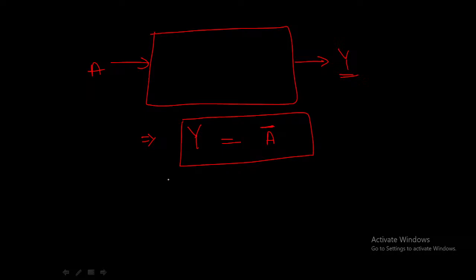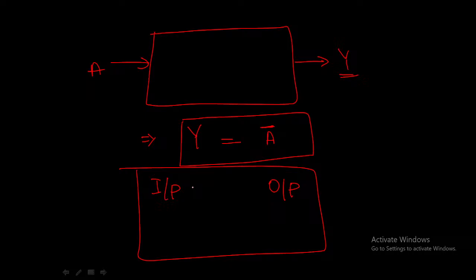How do we write the truth table? We'll write the truth table like this: inputs followed by outputs. How many possible cases of inputs are present? Two possible cases. Input can be 0 or input can be 1. If the input is 0, then the output is 1. And if the input is 1, the output is 0.